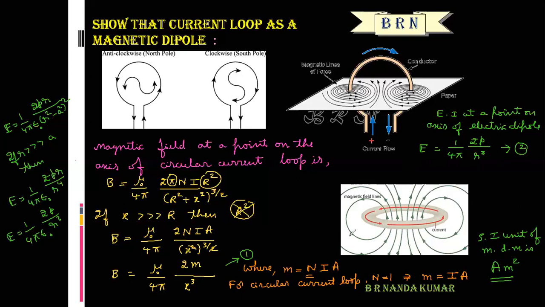So comparing equations 1 and 2, we can conclude that M is the magnetic analog of P. This clearly shows that a circular current carrying loop behaves just like a magnetic dipole.